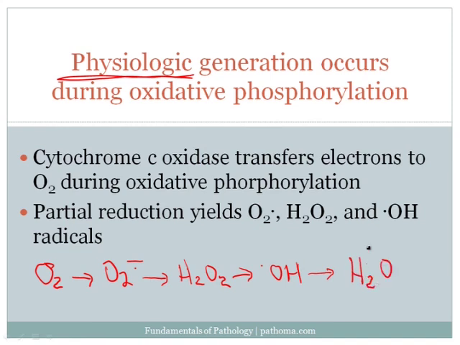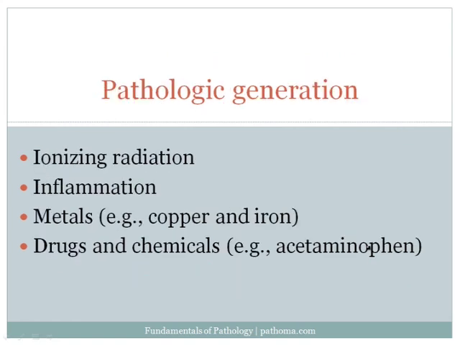And so when I say that physiologic generation of free radicals occurs during oxidative phosphorylation, obviously if there is a partial reduction of oxygen so that it only accepts 1, 2, or 3 electrons instead of the normal 4 electrons, that's going to result in the production of free radicals, and that does happen physiologically. Free radicals can also be generated pathologically.